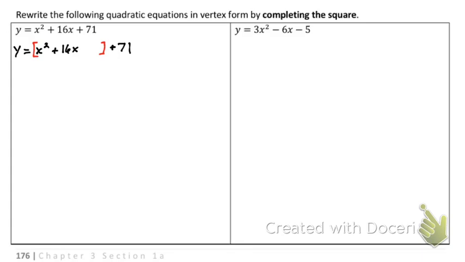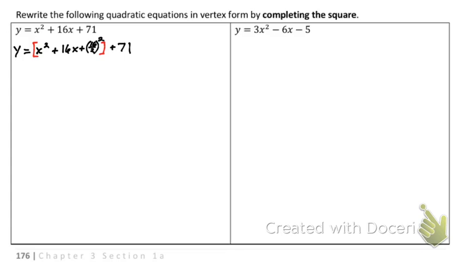What we're going to do is the same thing we did on the other side. I'm going to add b over 2 squared, which would be 16 over 2 squared. When I completed the square in the first one, what I added to one side, I added to the other side so it stays balanced. I'm not going to do anything to the left-hand side, but I'm going to keep it balanced.